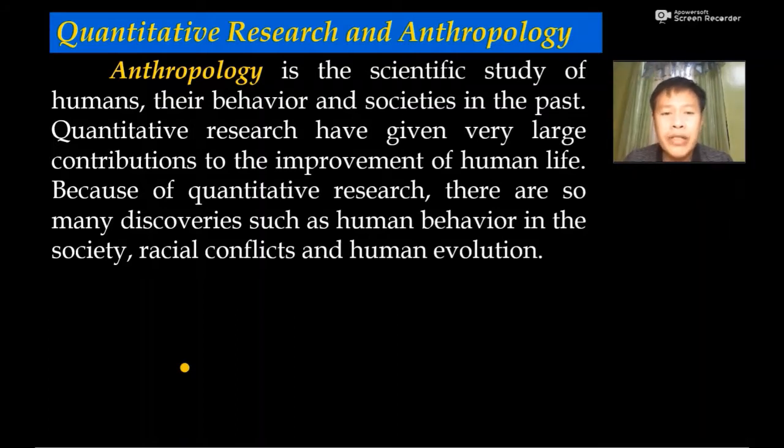And the most important thing is anthropology is the systematic study of human evolution. Because anthropology leads us to understand our evolutionary origins. Because there are so many theories that explain how humans originated.